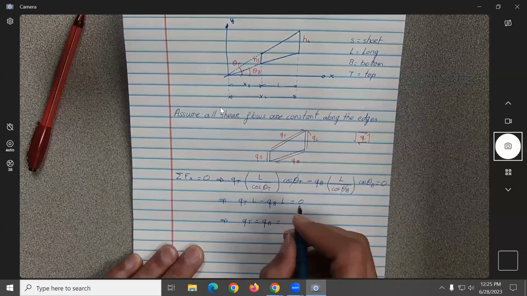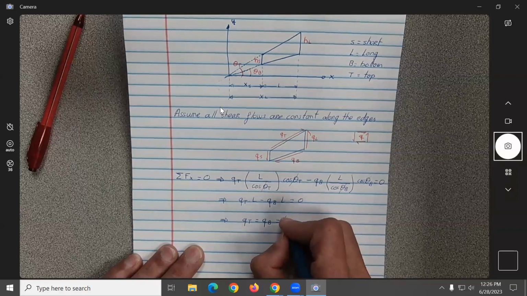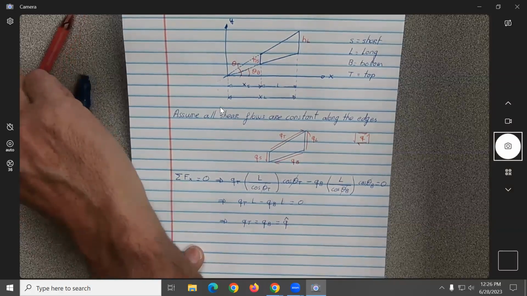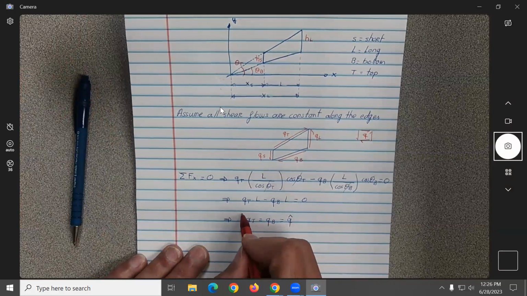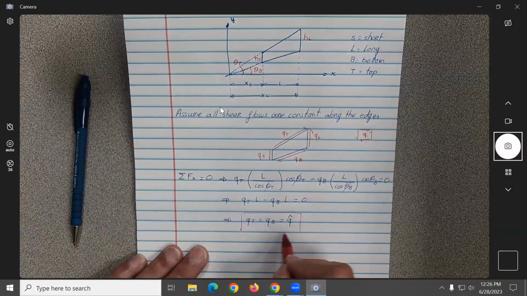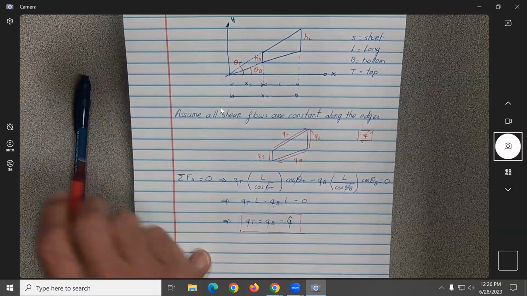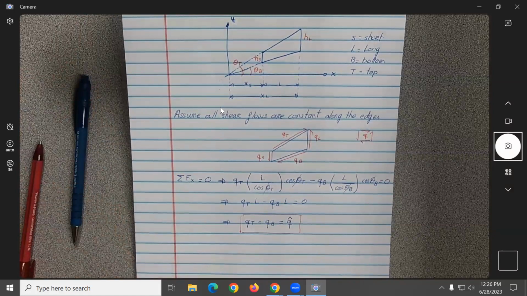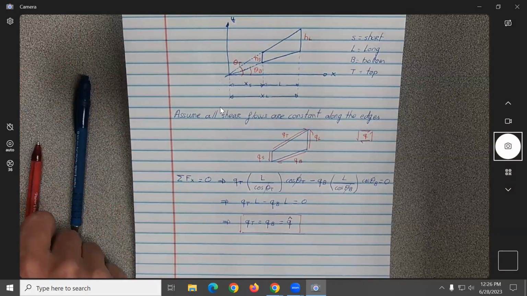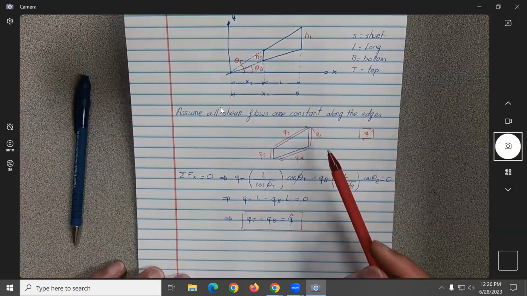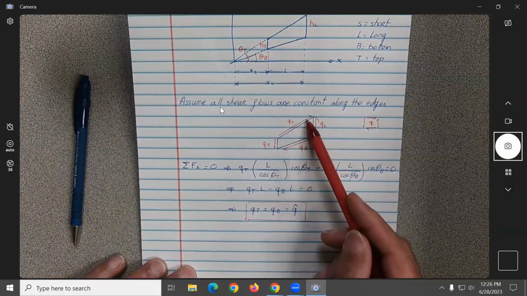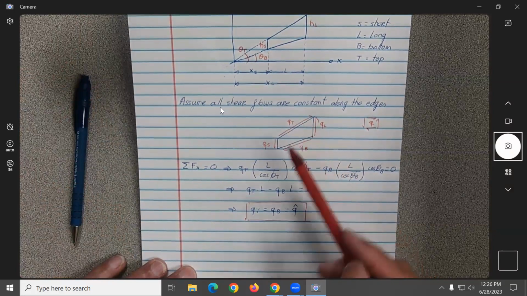And just to use a different notation, we're going to call this one Q hat. Okay, so that's good. At least this one and this one are equal.